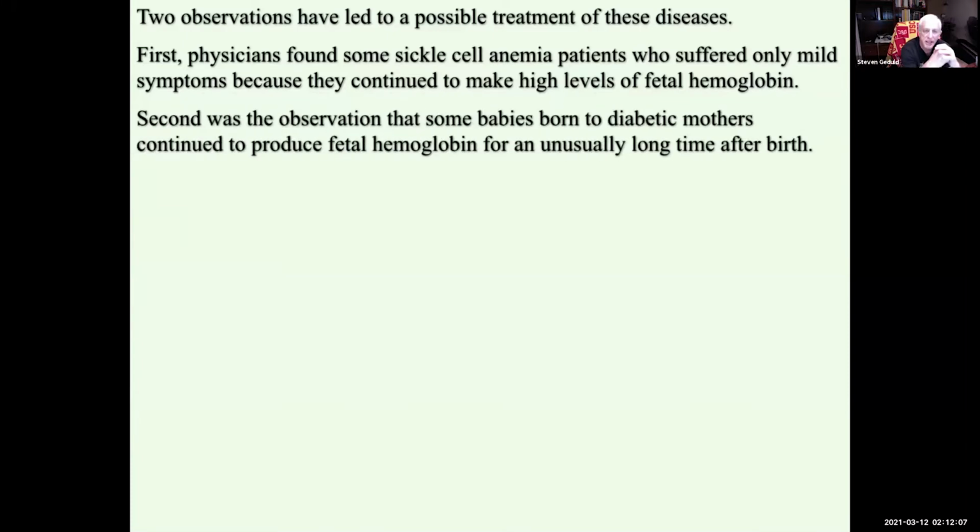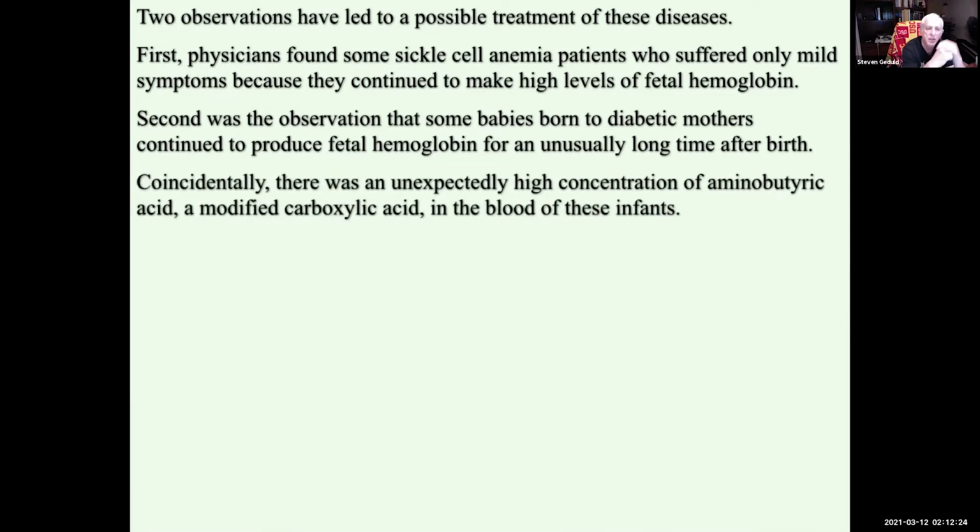Okay. And second, some babies born to diabetic mothers continue to produce fetal hemoglobin for unusually long times afterwards. Those 2 factors tend to affect the production of fetal hemoglobin after the baby's been born. Okay. Coincidentally, there's an unexpectedly high concentration of amino butyric acid.